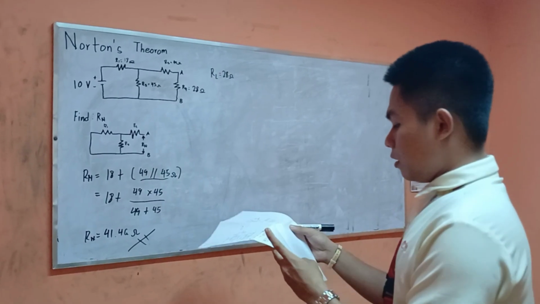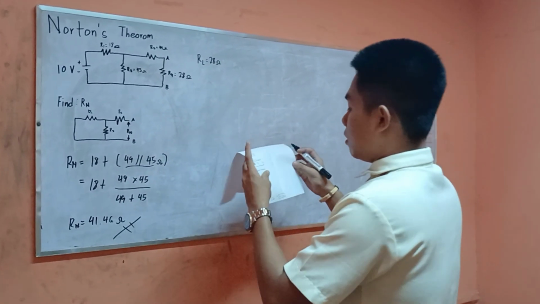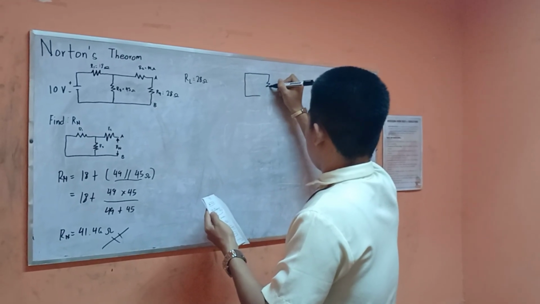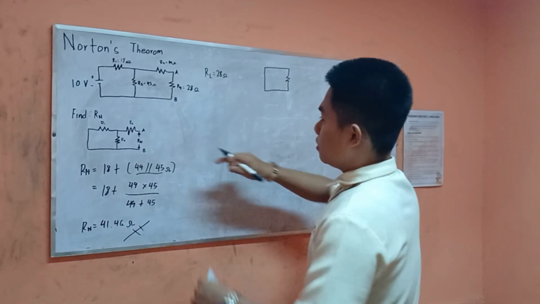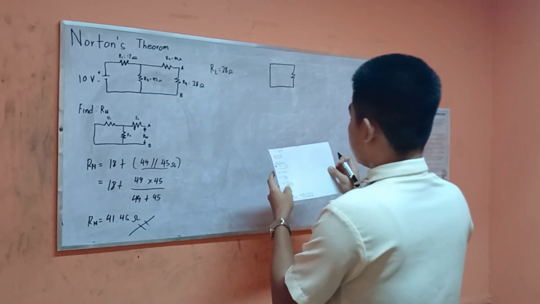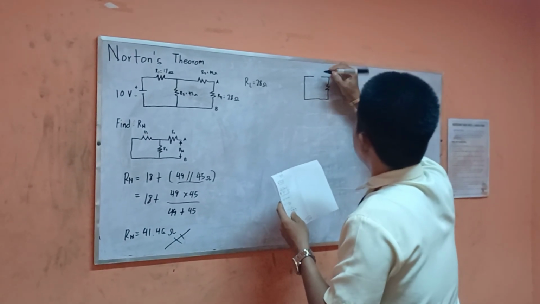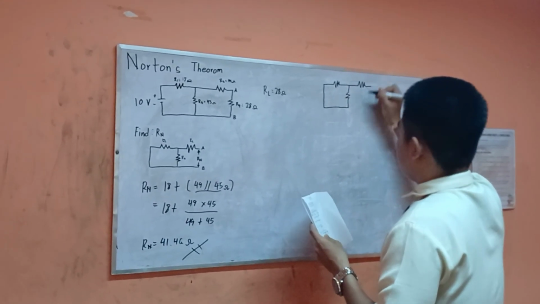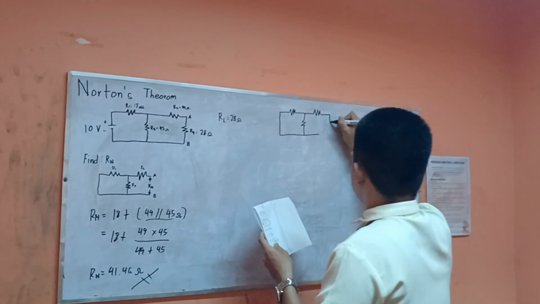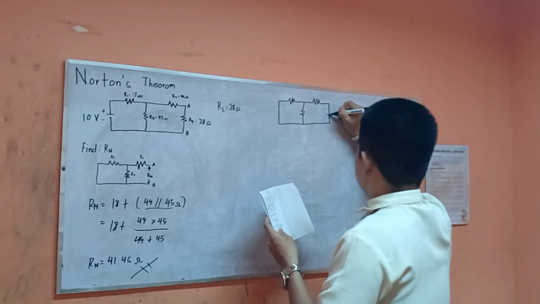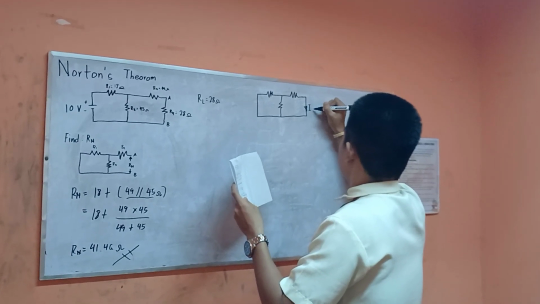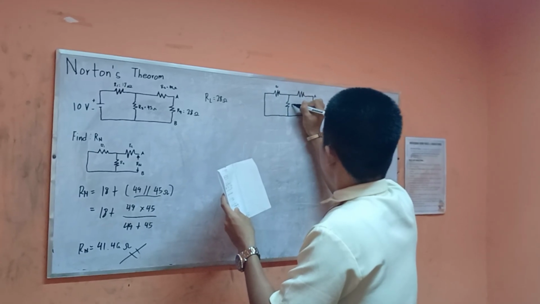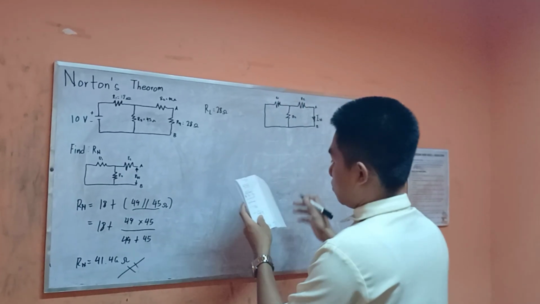And to find Norton's current, we need to draw the diagram first. The diagram looks the same as this one, but we need to find the Norton's current, with R1, R3, and R2.